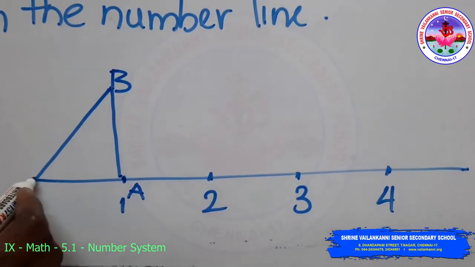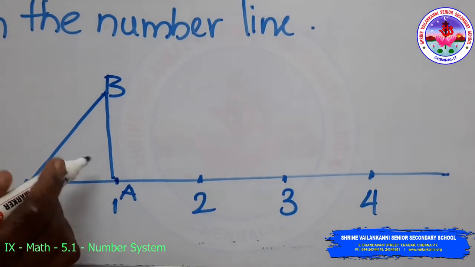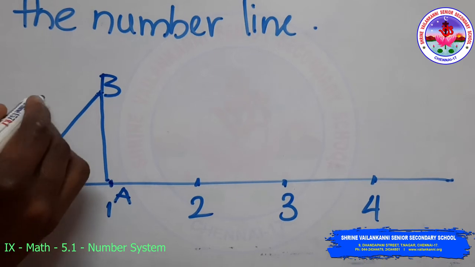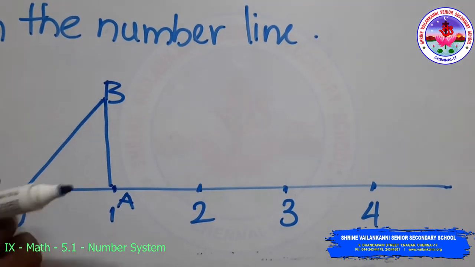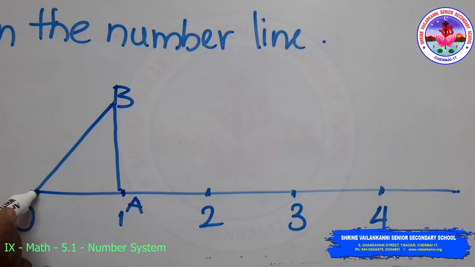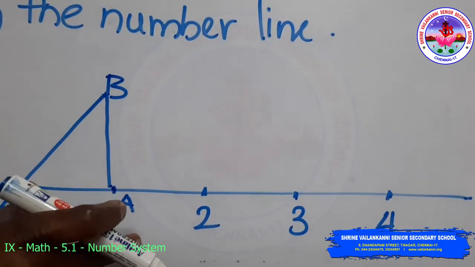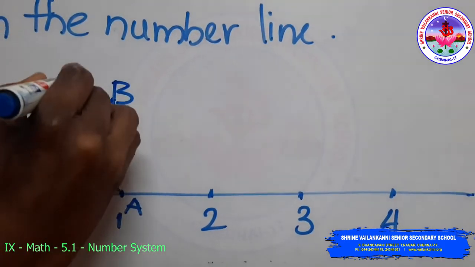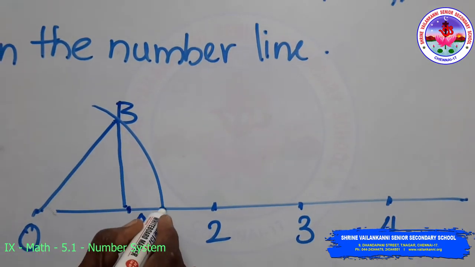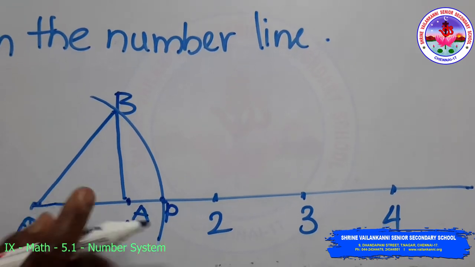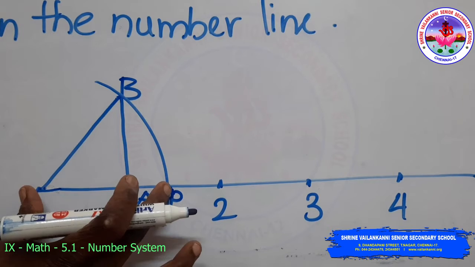In this right angle triangle, using the Pythagoras property, I found that OB has a length root 2. So taking a compass and keeping your needle at O, I am taking the measure of OB and giving an arc here. I will get the arc touching this number line at the point P. Now my OP will be square root of 2.